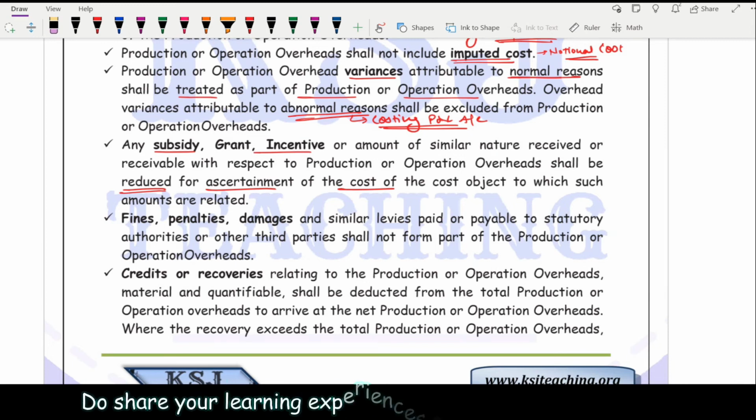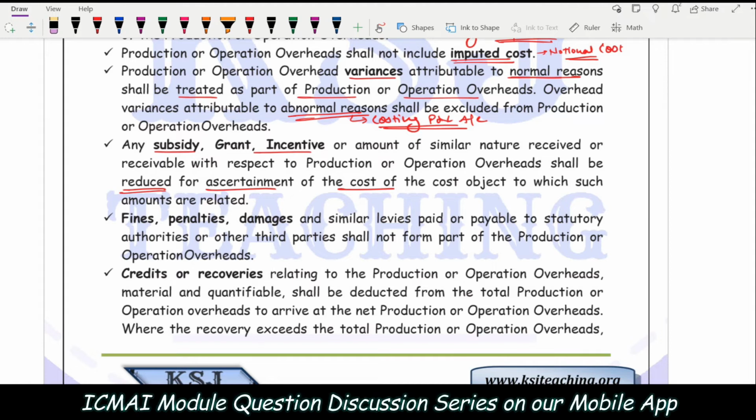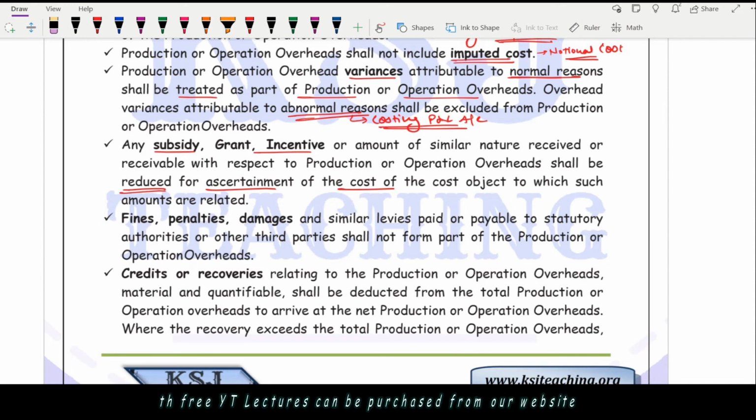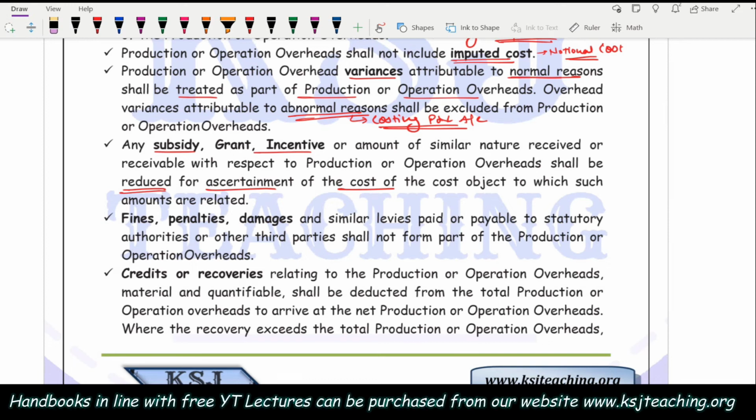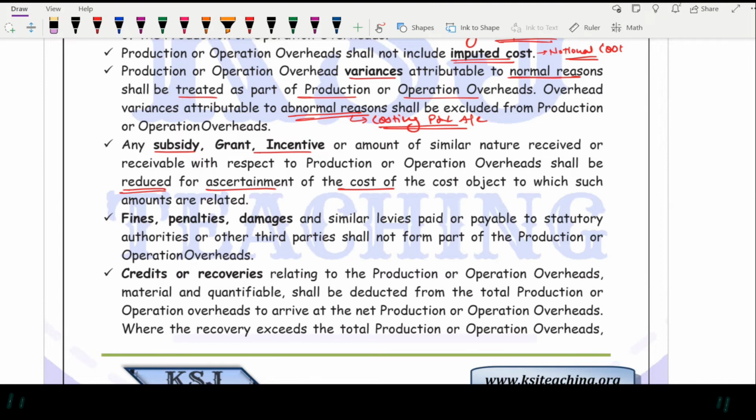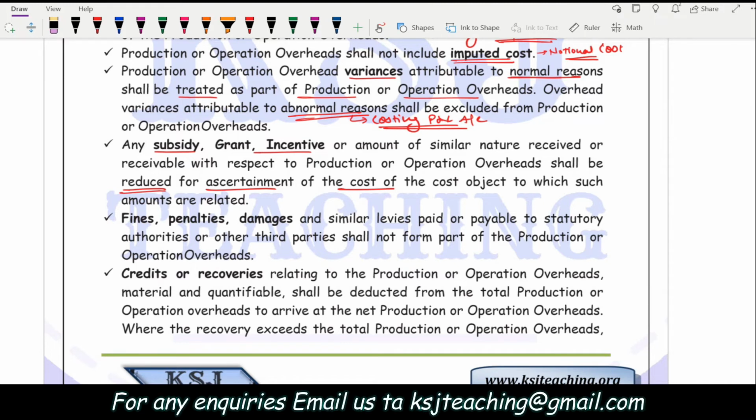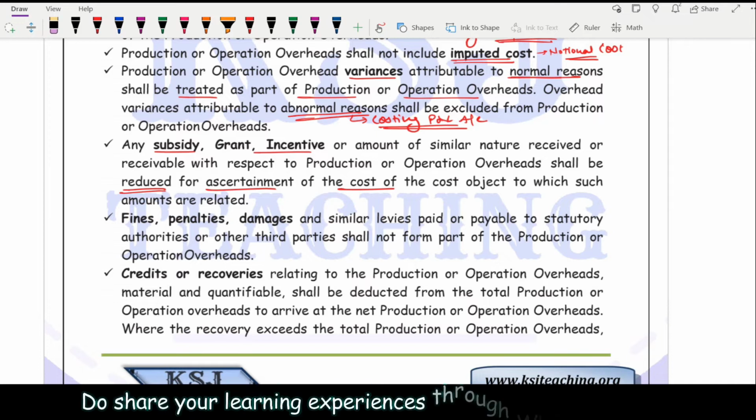Why will you get the subsidy or the grant? Because the product you are manufacturing is one on which the government is providing subsidies. For example, electric vehicles, the government is giving subsidies, right? So if you are manufacturing electric vehicles and getting a subsidy from the government, this will be applicable. Your production cost will come down.